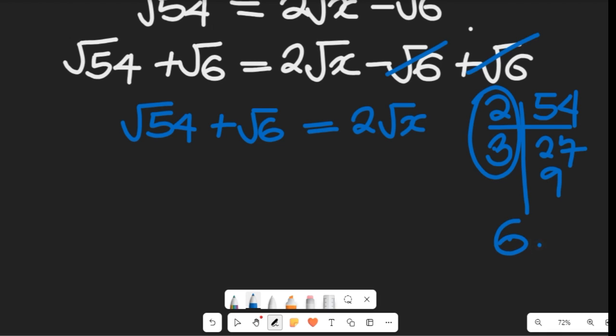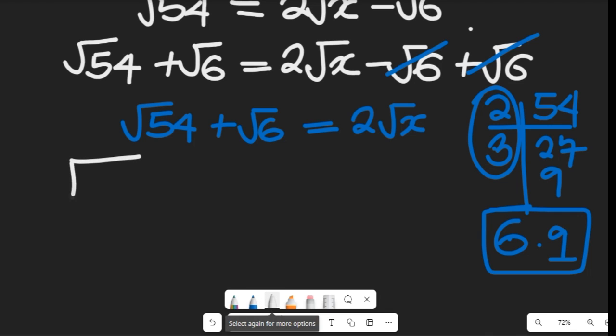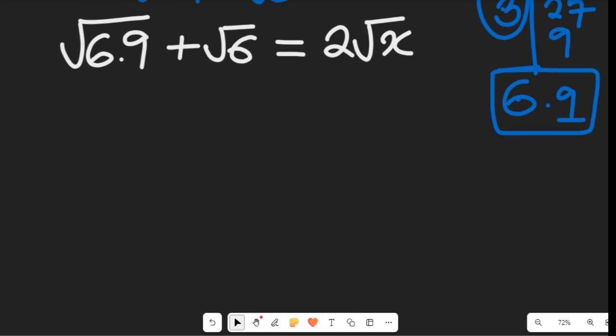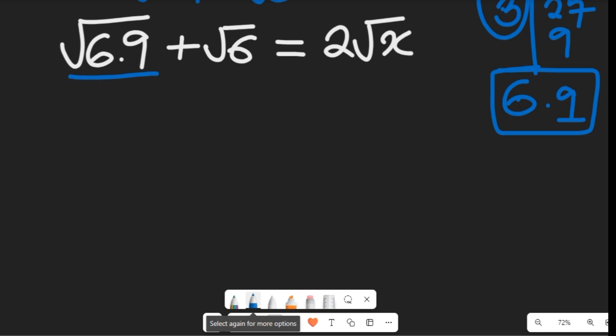And then 6 multiplied by 9, which is a perfect square, will give us 54. So we are going to use the square root of 6 multiplied by 9, which is a perfect square, plus the square root of 6, and this will be equal to 2 square root of x. Great.